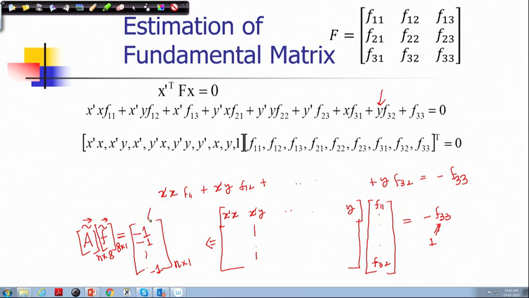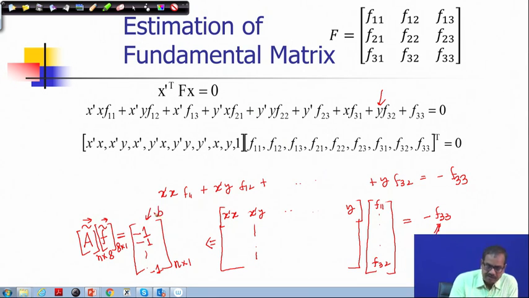If I consider this column vector as say b, I would be solving A f equals b. And usually you should have more number of equations, at least minimally you require 8 equations to solve it, then exactly you get a solution, because this matrix would be 8 cross 8, and if it is not a singular matrix, you perform A inverse B, that would give you the solution.